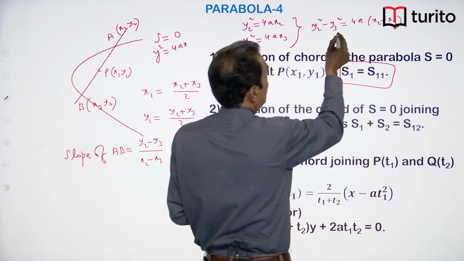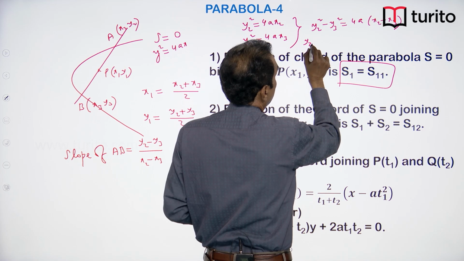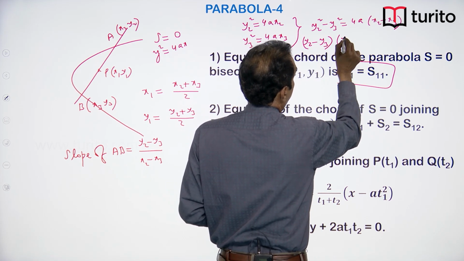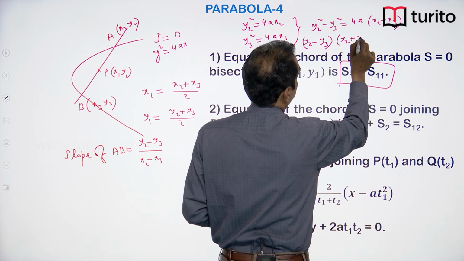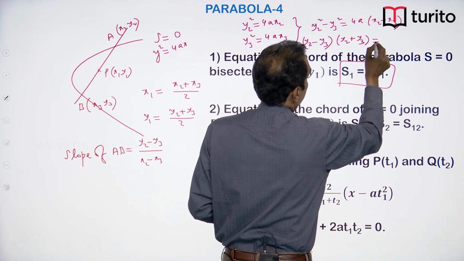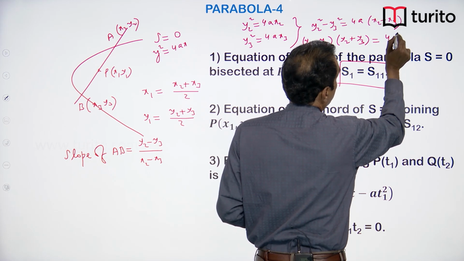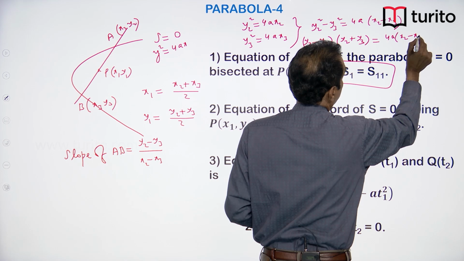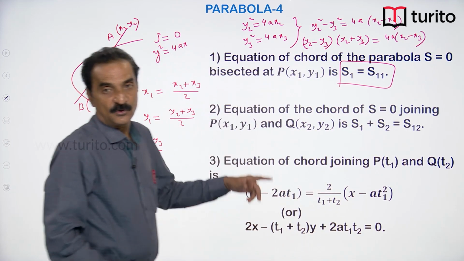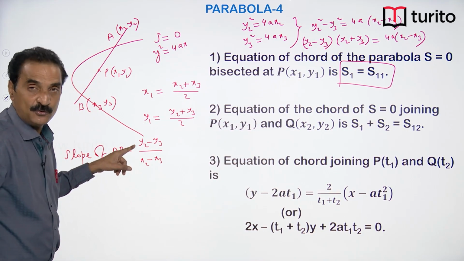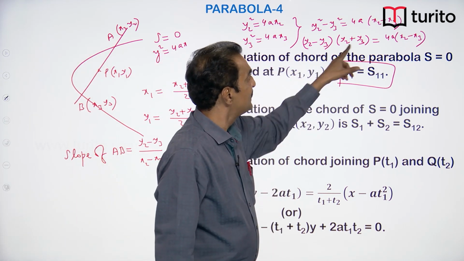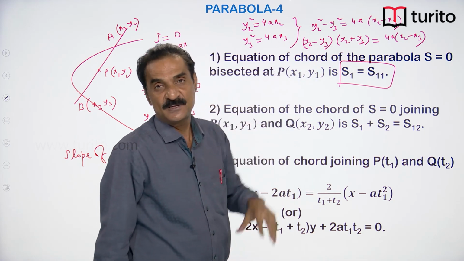Then the LHS can be factorized as (y2 - y3)(y2 + y3) = 4a(x2 - x3). So, from there, what is (y2 - y3)/(x2 - x3)? If you divide, you will get 4a/(y2 + y3).